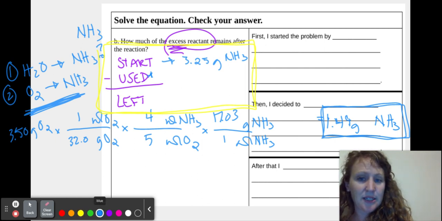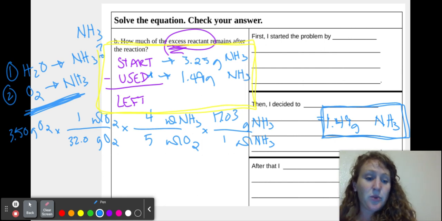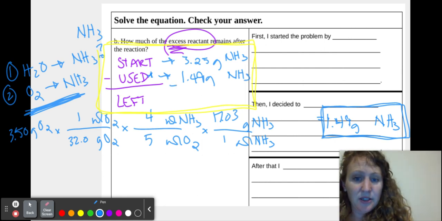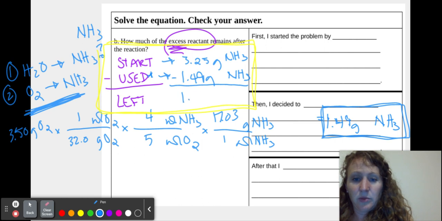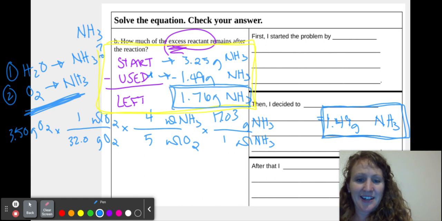So let's plug that in. 1.49 grams of NH3 will get used in order to react with all of my oxygen, and then I subtract those two to figure out what's left. So 3.25 minus 1.49, and I will be left with 1.76 grams of NH3. There is my answer.